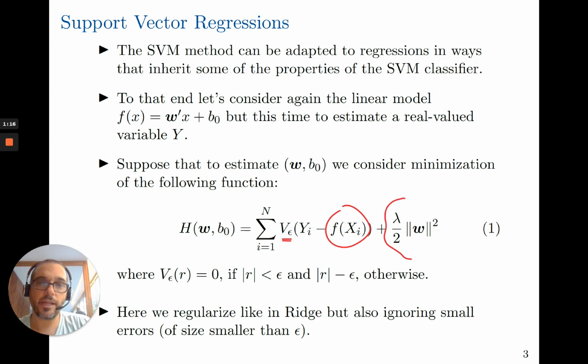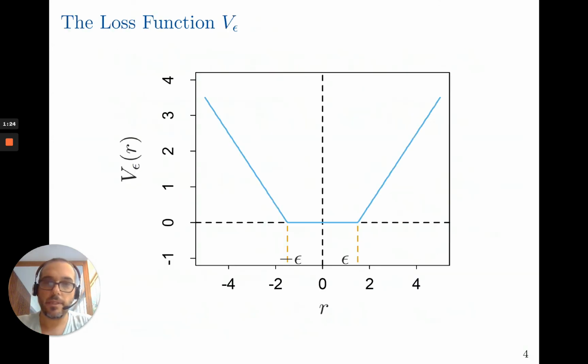And we are going to use a kind of ridge penalty, okay? And so that's the cost function. So basically the idea is not to penalize small errors, and we only penalize large errors, okay?